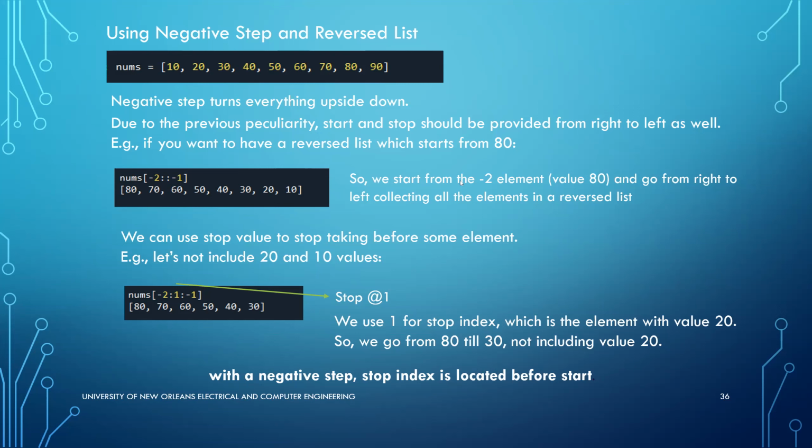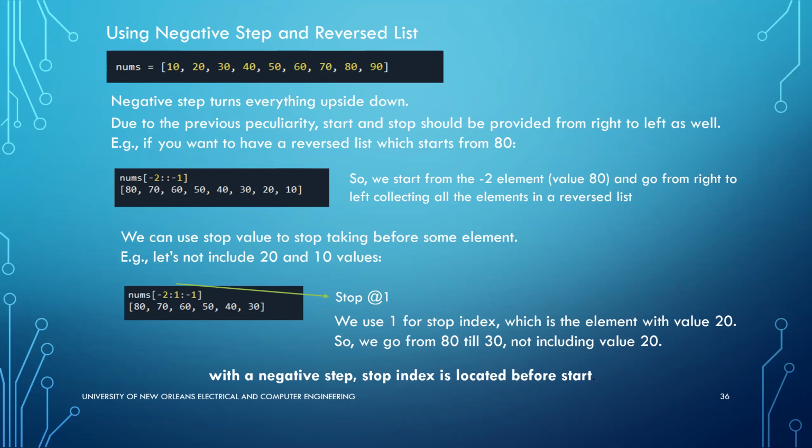So we start from the -2 index element, which has a value of 80, and go from right to left, collecting all the elements in the reverse list. Okay, so make sure you understand how this command results in this output here.